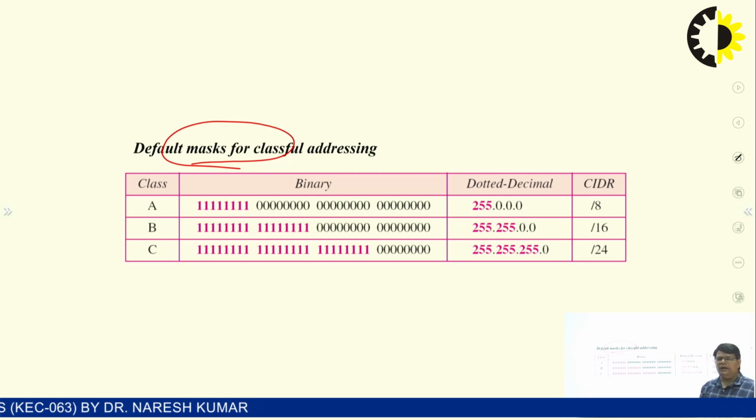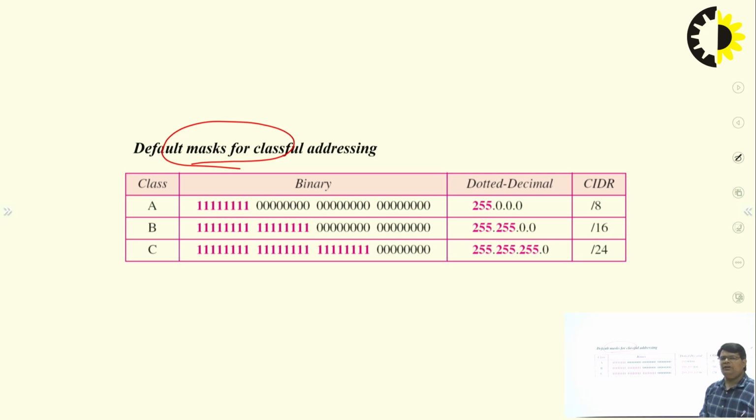Basically, this is to identify whether the host computer is on a local network, within the same network, or a different network. To provide this in decimal notation, we provide this type of mask. These are the default masks. For class A it is 255, for class B this one, for class C this one.